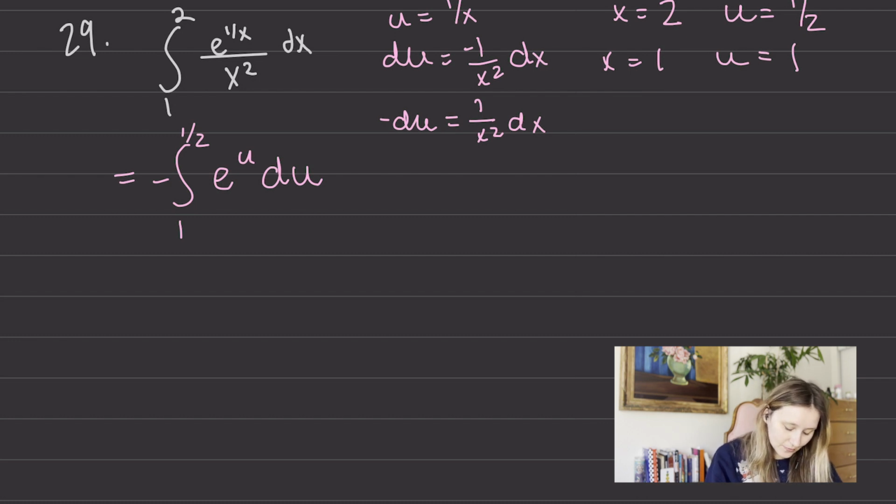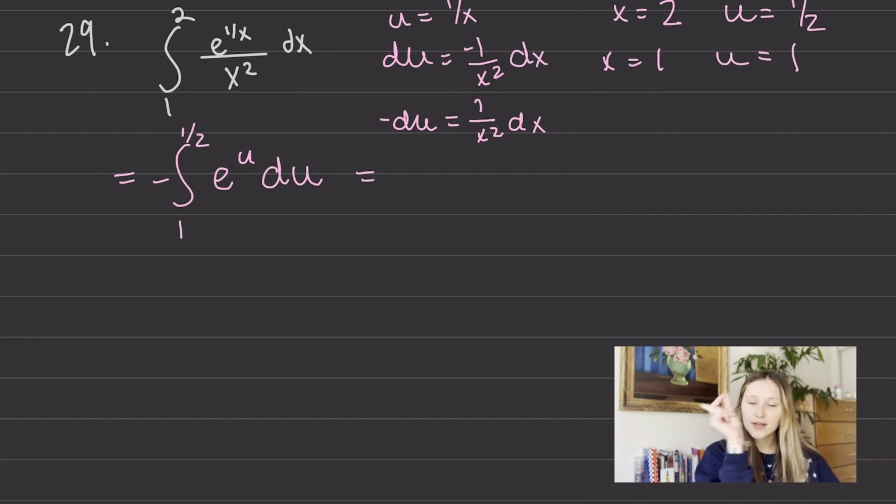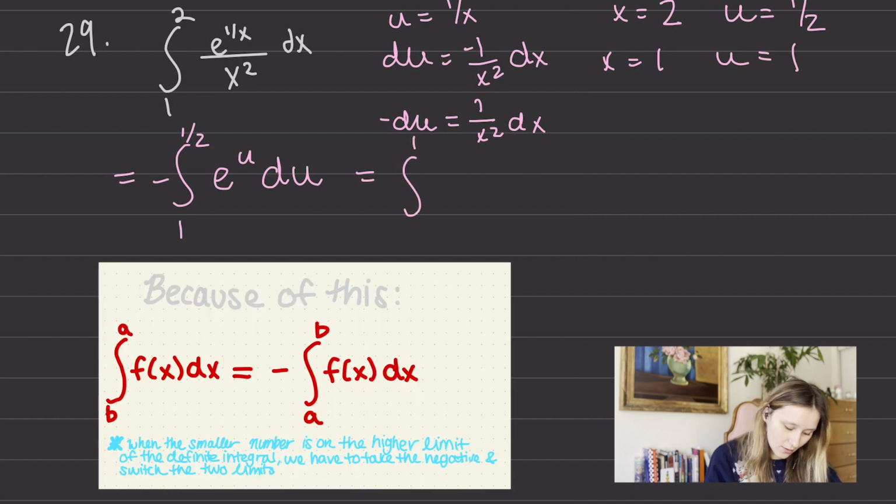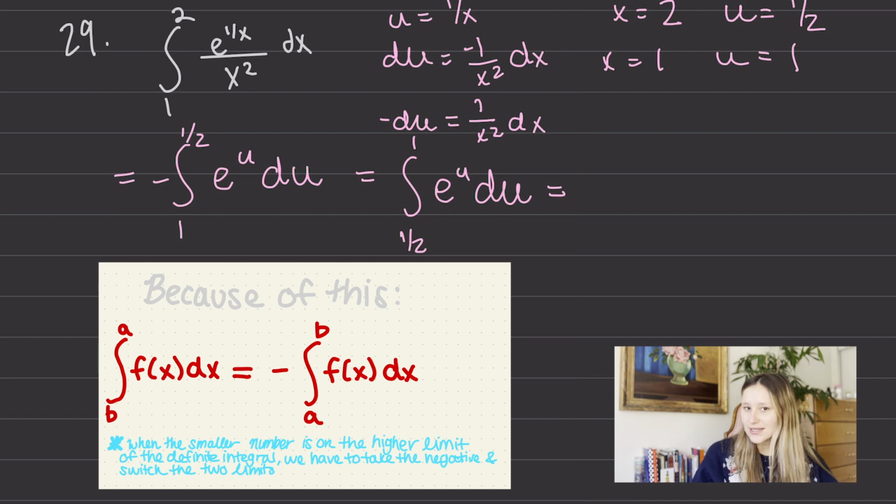And since the smaller number is going to be on top and the bigger number on the bottom, let us take the negative of this integral. So since it's already negative, this is just going to be the integral from 1/2 to 1 of e to the u du. You see? Because when you switch the top and the bottom, it's going to be the negative of that original integral.